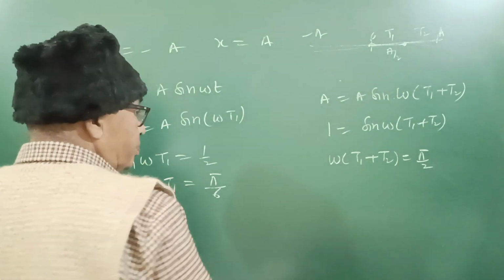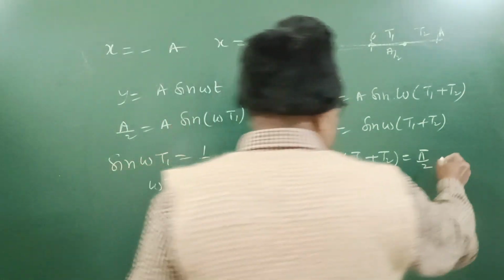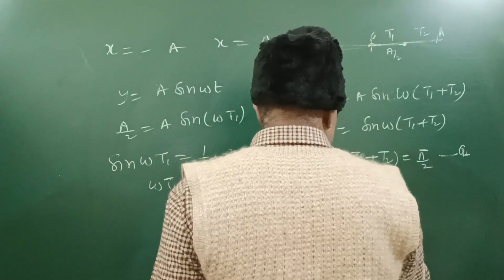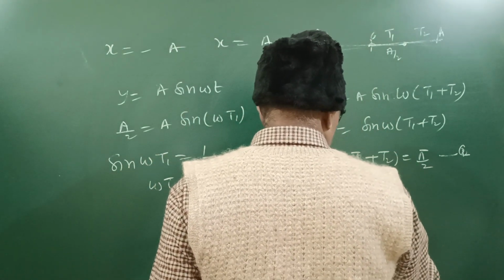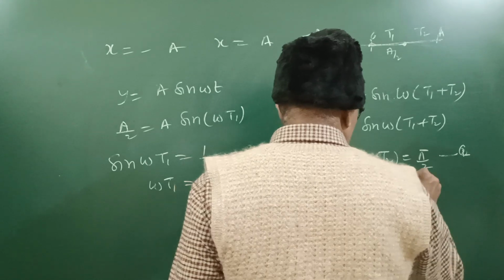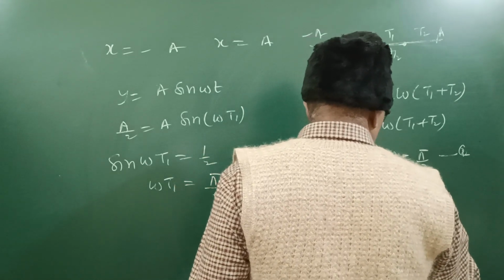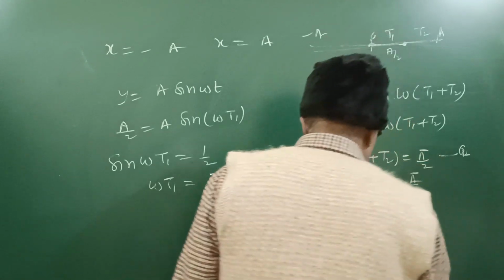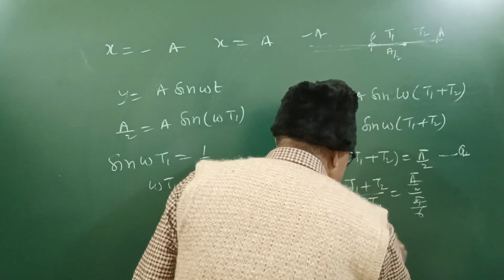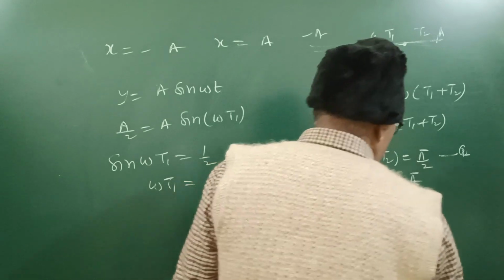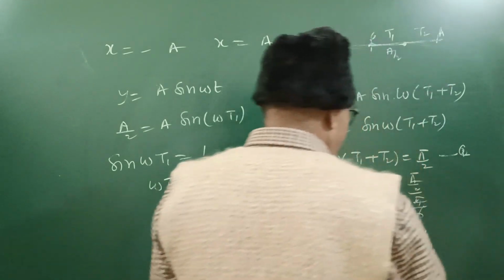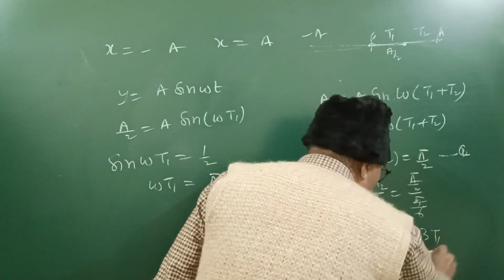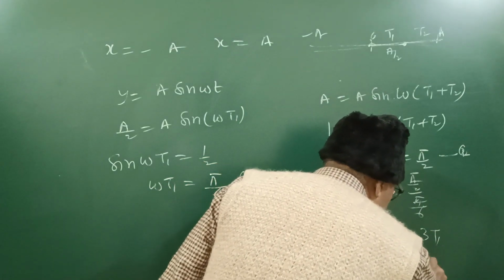I divide this by omega t1 equal to pi by 6. t1 plus t2 upon t1 equal to pi by 2 upon pi by 6. So pi cancels. So t1 plus t2 is equal to 3 t1, and t2 is equal to 2 t1.